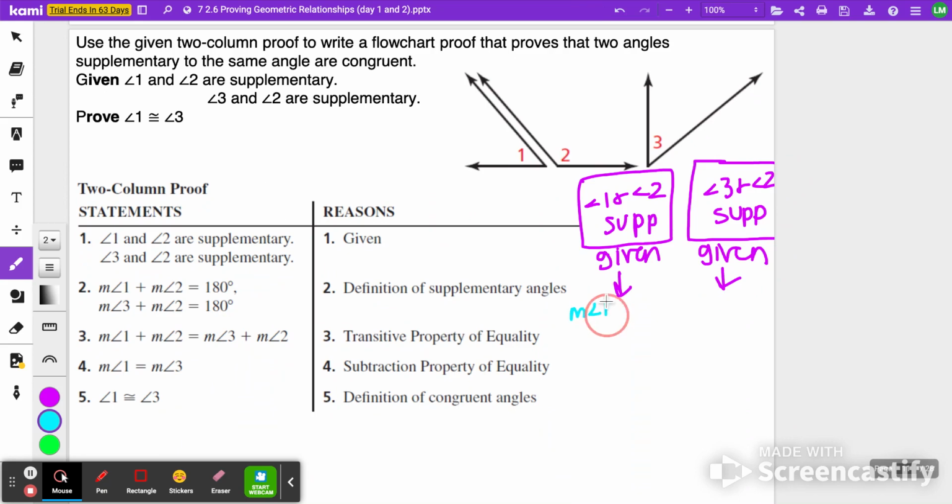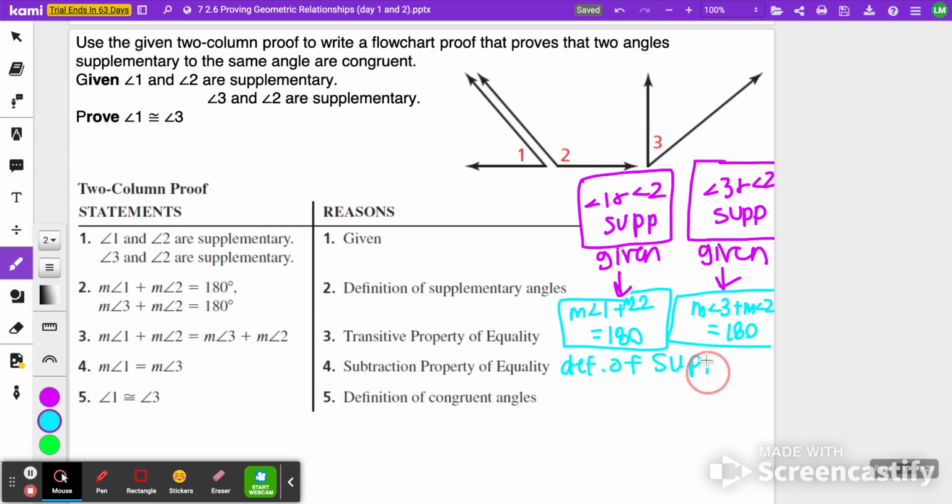The measure of angle 1 plus the measure of angle 2 equals 180. And then the measure of angle 3 plus the measure of angle 2 also equals 180. This is the definition of supplementary angles. So we can just write def of sup.